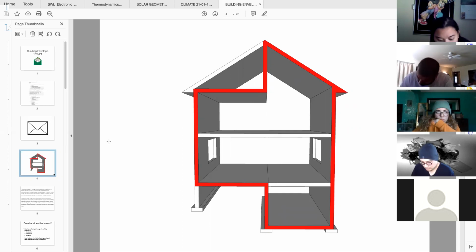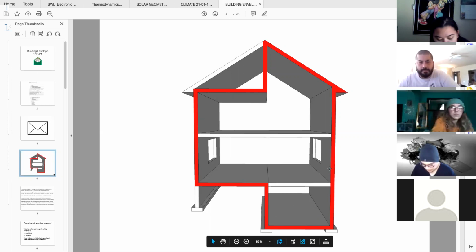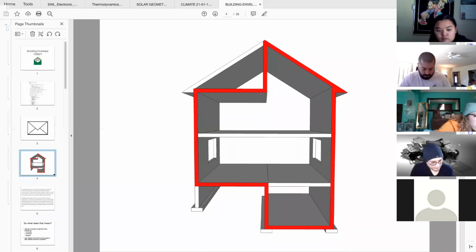So in this example, the basement here is technically part of the building envelope because it is assumed to be heated and cooled, because this is within the envelope. If we were not heating and cooling the basement, then this red line would go straight across.